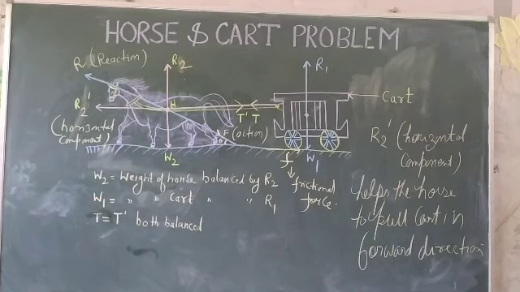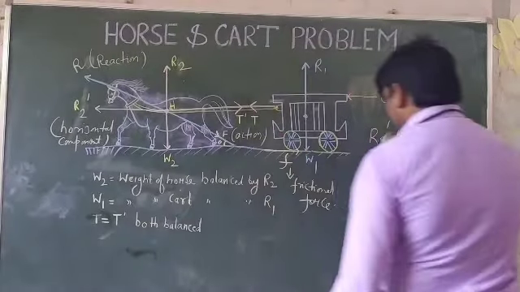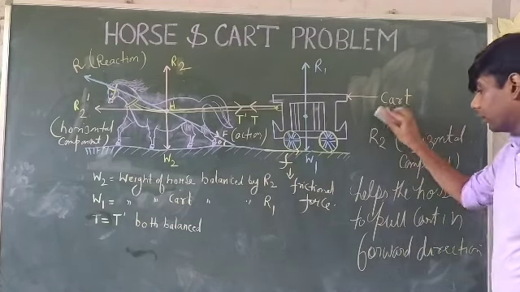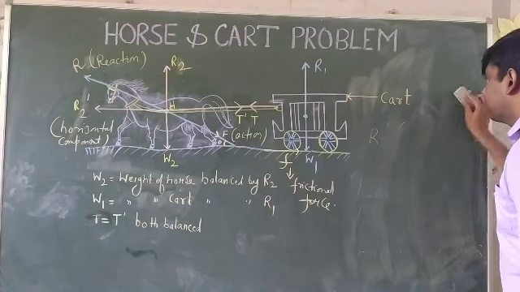Let us see. The component helping is R2 dash, the horizontal component.